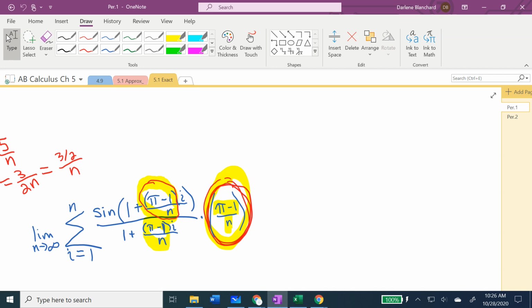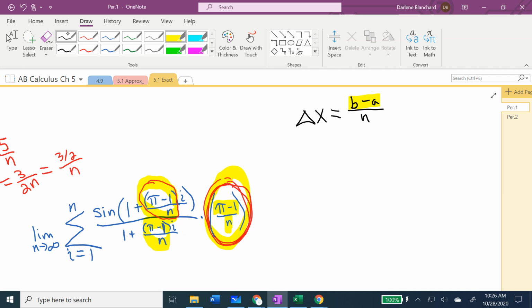Keep in mind that delta x is going to have a divided by n. The a and the b are numbers.